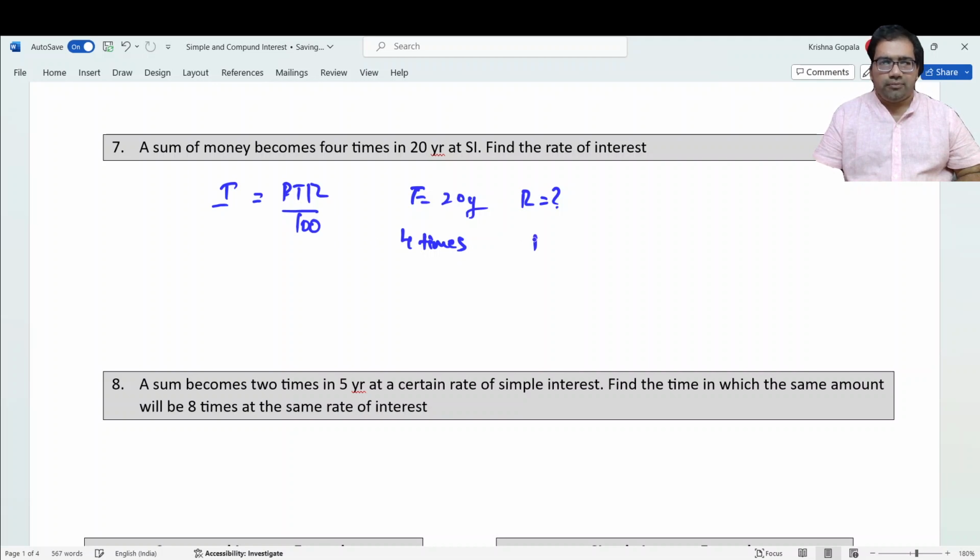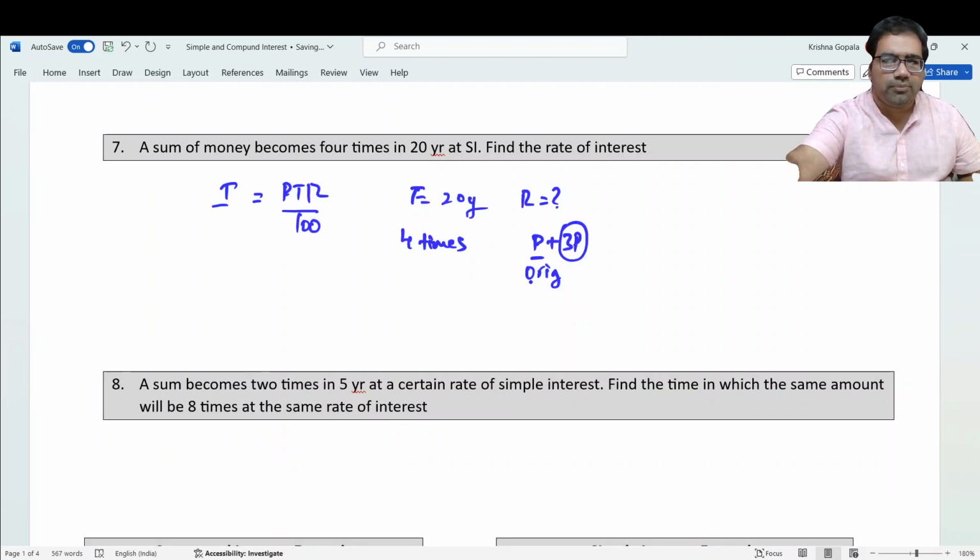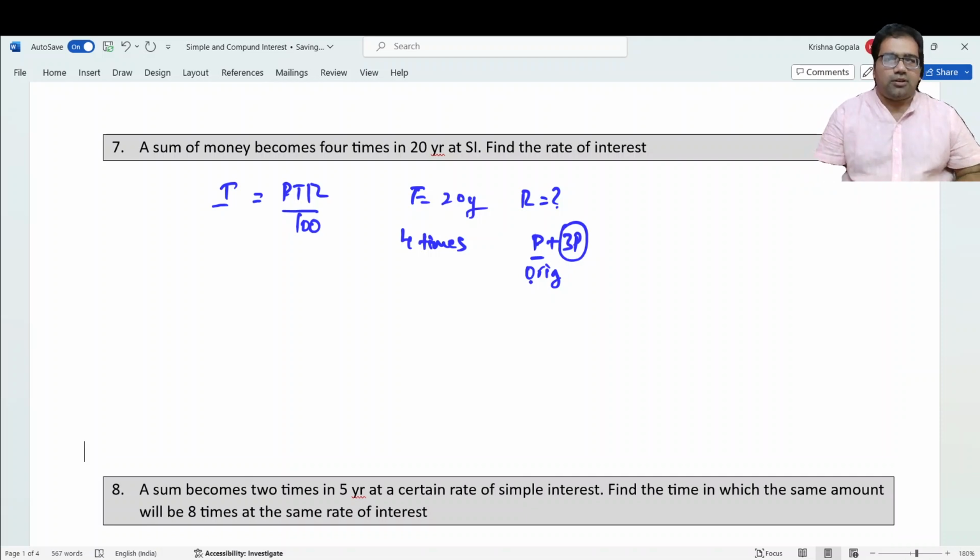What does that mean? P plus 3P. 3P is the interest, P is the original amount. Right? Original amount is P. It has become 4 times. That means 3P got added. So interest is equal to 3P. So 3P is equal to P into time, 20, into R by 100.